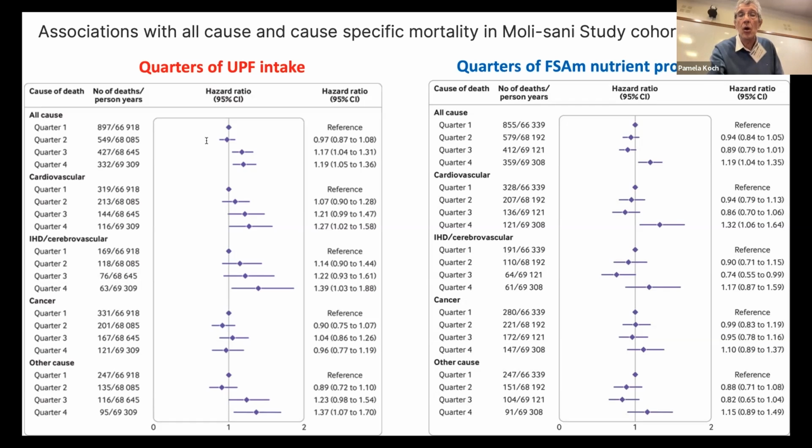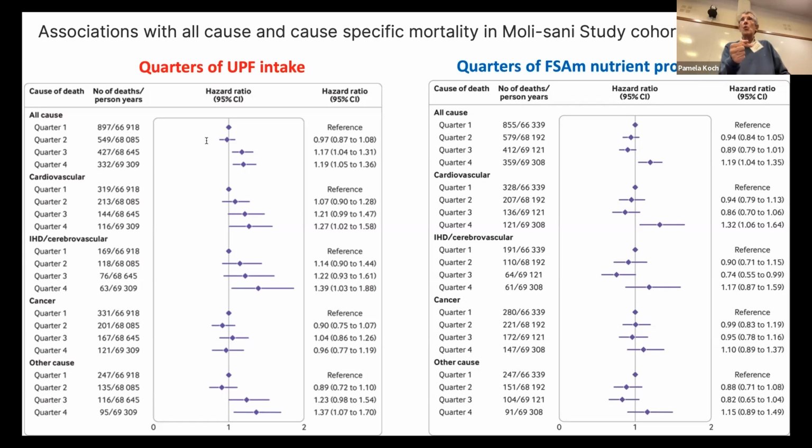The first quartile is the reference one, and then there's some decrease, some increase. If you compare the lowest consumers with the highest, you have a significant difference, but you don't have a dose-response, right? So just by looking at these two figures, you realize that, look, the food processing is more important than the explanation about these nutrients.